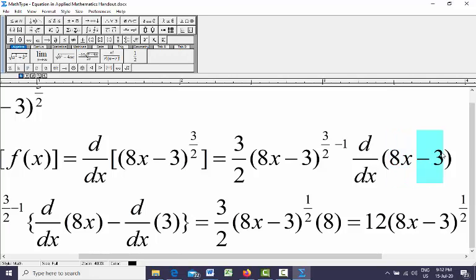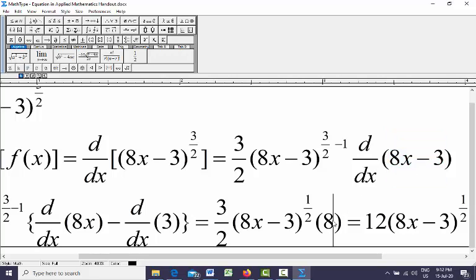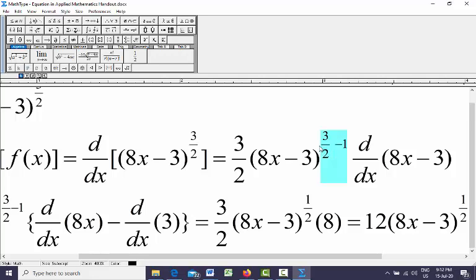And with the 3 we do not have any variable, so if you do differentiation of it, you get 0. So if you do differentiation of 8x minus 3, you get only 8. And from 3 by 2 minus 1, if you deduct 1 from 3 by 2, you get half.